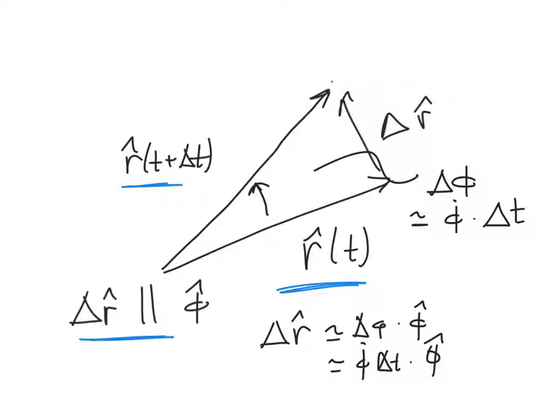In other words, if we divide through by delta t, what we find is delta r hat over delta t is equal to phi dot times phi hat. And so that's the time derivative that we were looking for earlier in our expression when we were trying to calculate the acceleration.